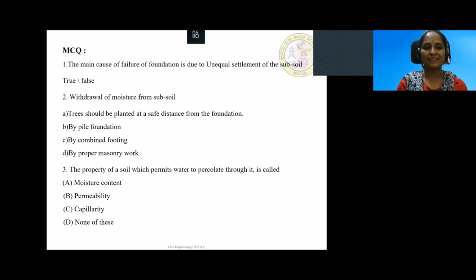Okay, the answer is option B, that is permeability. It means if water is percolating, going inside the soil, that is permeability. We'll move on to the next slide.